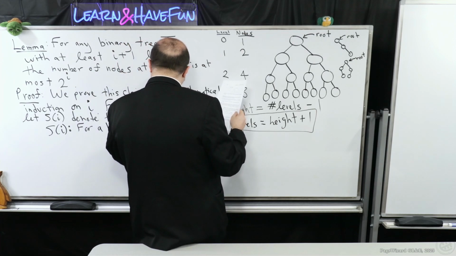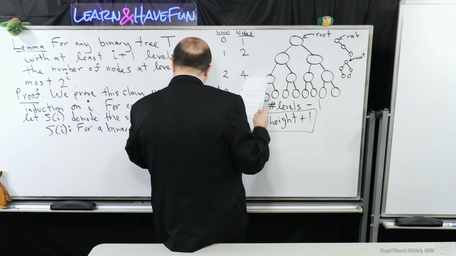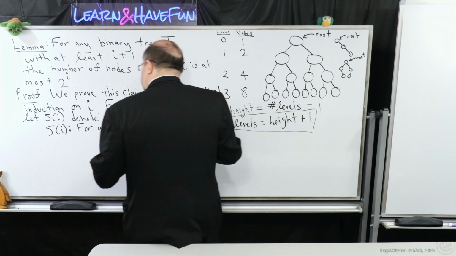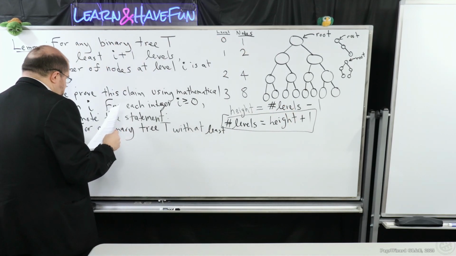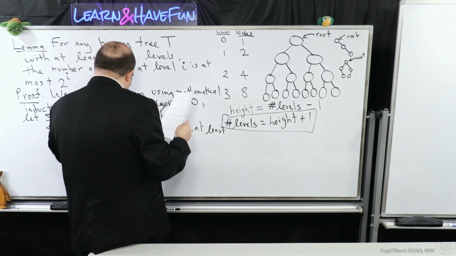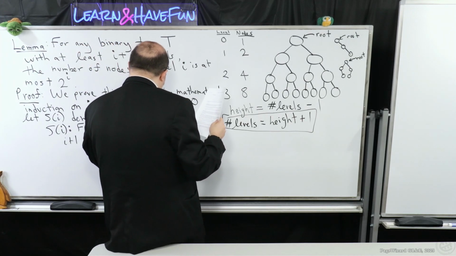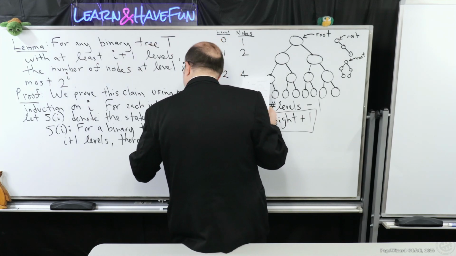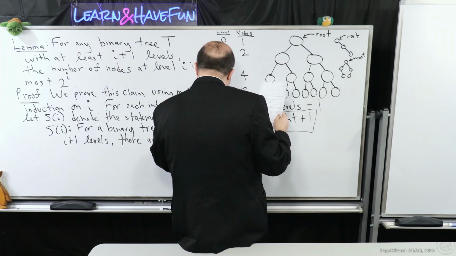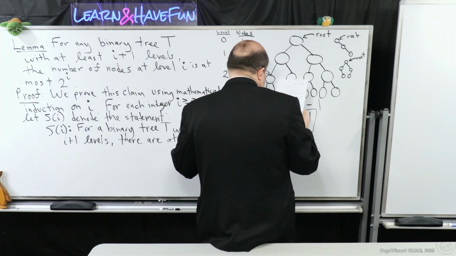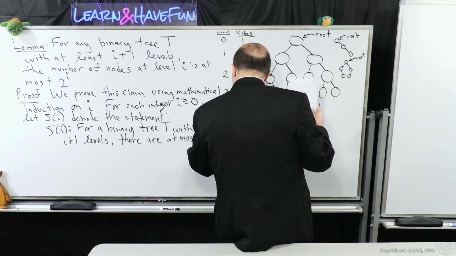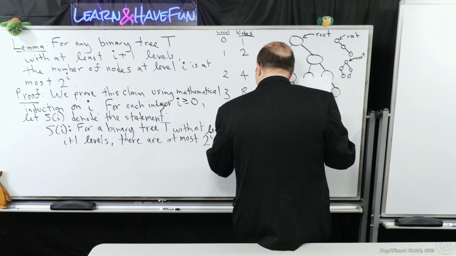For a binary tree T with at least I plus 1 levels, there are at most 2 to the I nodes. This is I right there, by the way, on level I.